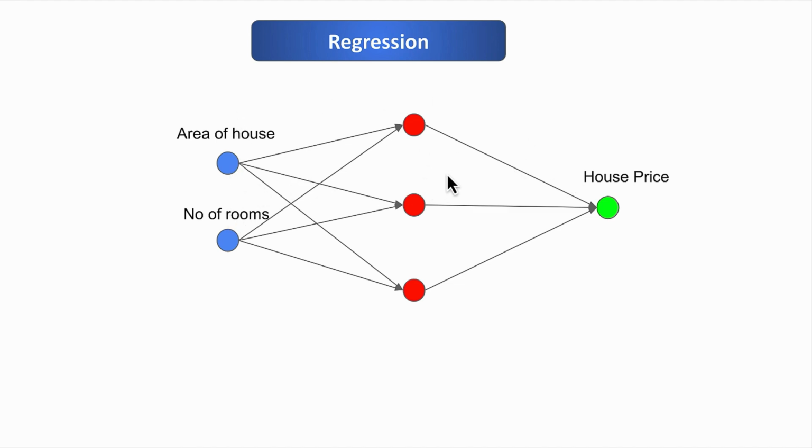In that case, our output is a continuous value, so it will be a regression problem. And the neural network for that regression problem will look like this. Here at the output layer, we have a single neuron because our output is not fixed and it can be any value. So whatever value is generated here will be considered the predicted value of the house price.